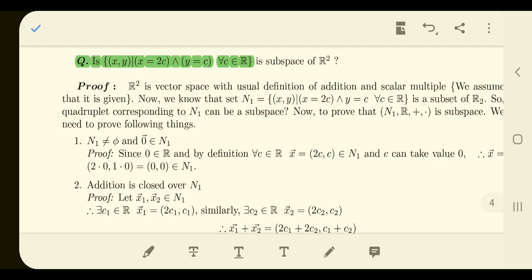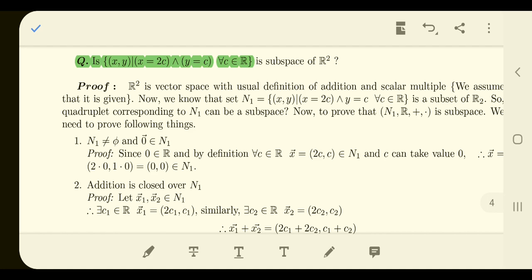And since in the earlier video we already said that if you take R2 or Rn, in fact, it's a vector space. So if you take the set of vectors to be Rn and the set of scalars to be real numbers, and addition and scalar multiplication are defined as usual, then it remains a vector space.